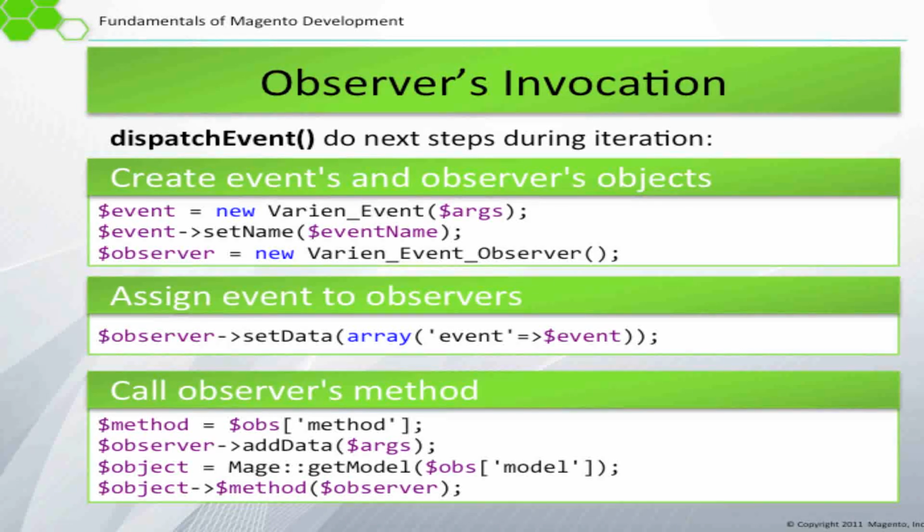So observers. Okay. What happens with an observer? Well, we need to create the event and the observer object. This is, by the way, material that is a little bit of background information and may raise more questions than it answers for you.